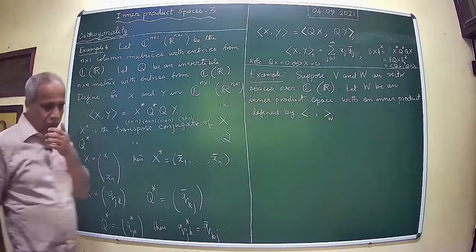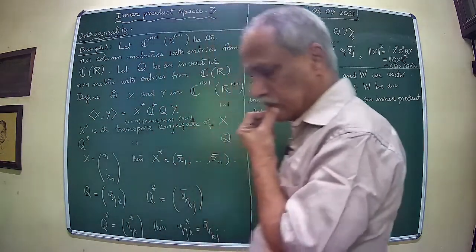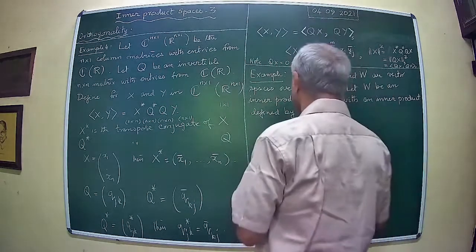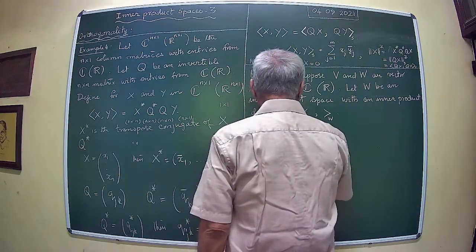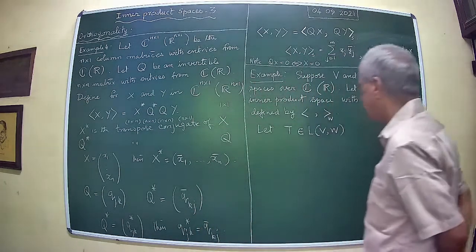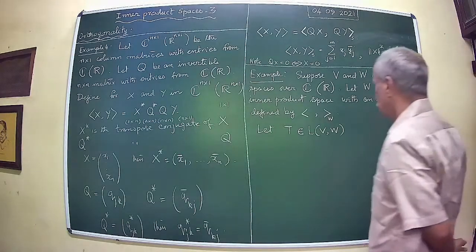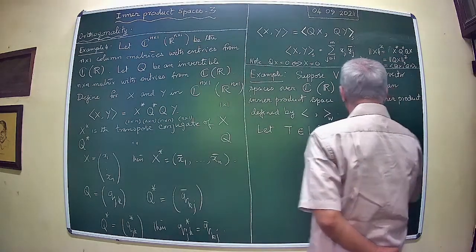Now what we want to look at is, let T be a linear transformation from V to W, non-singular.